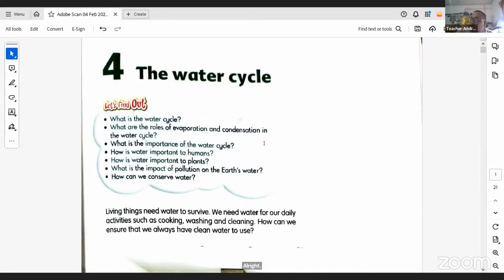Last chapter we talked about water, about the different states of water: solid, liquid, gas. We know that the freezing point and the melting point are the same. The boiling point of water is 100 degrees Celsius, whereas the melting and freezing point of water is 0 degrees Celsius.